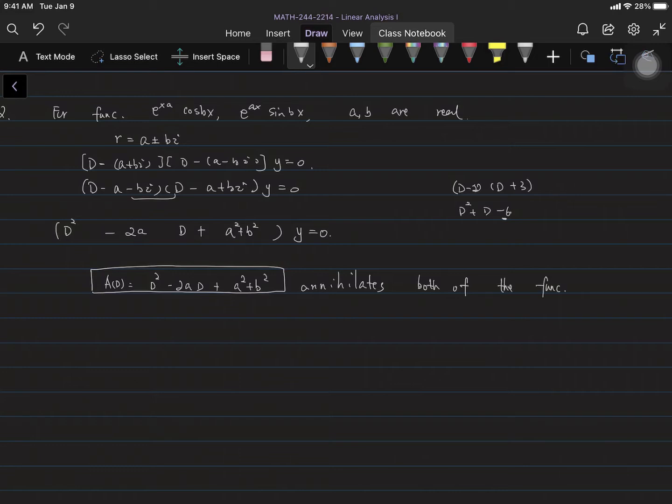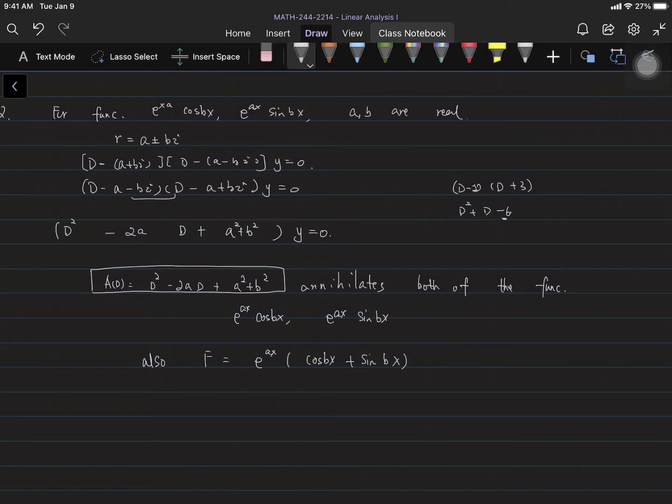Those functions are e to the ax cosine bx, e to the ax sine bx, and also include the sum of those two functions, f equals e to the ax times (cosine bx plus sine bx), if we factor this out. Because AD can make each of them into 0, it definitely can make the sum into 0 if we apply the operator to those functions.